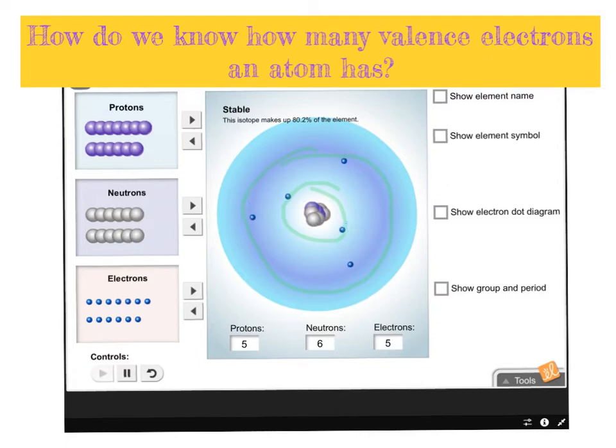So if we were going to count them, we would say, okay, I have 1, 2, 3 valence electrons. So this would end up being 3 valence electrons. And when we write the abbreviation for electrons, we write e with a negative sign.